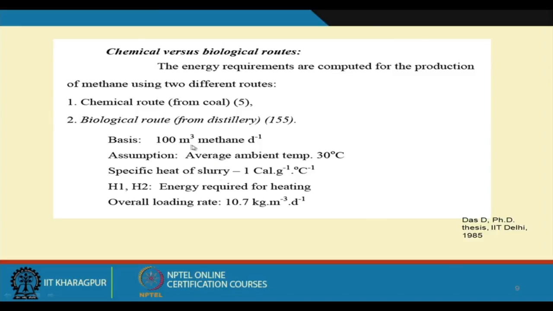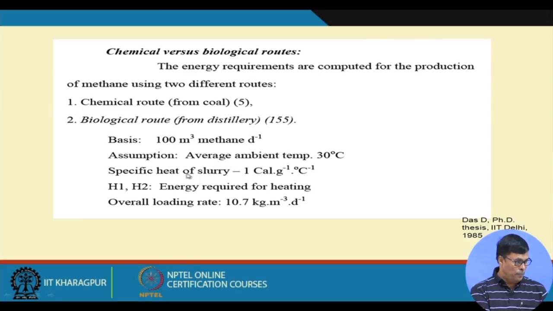Our basis is 10 cubic meter methane production per day. An assumption: ambient temperature is 30 degrees centigrade, specific heat is 1 calorie per gram per degree centigrade, H1 H2 is the energy required for heating, and overall loading rate is 10.7 kg per cubic meter per day.